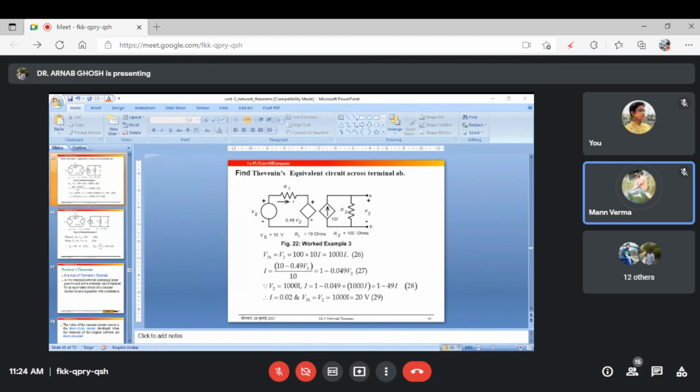Yes, sir. Okay. So we are stopping here today. On Thursday we will practice some more problems on Thevenin's theorem for independent sources as well as dependent sources. Then we will move on to Norton's theorem, and I will share this PPT today. And if mesh analysis, loop analysis, source conversion, star delta, if these 4 topics are clear to all, please respond.